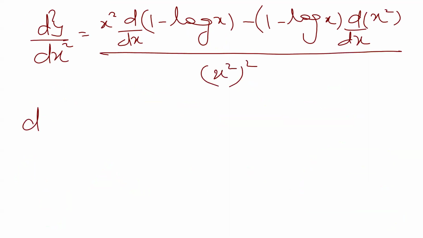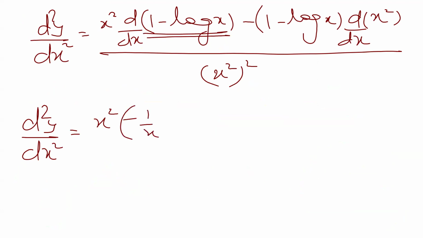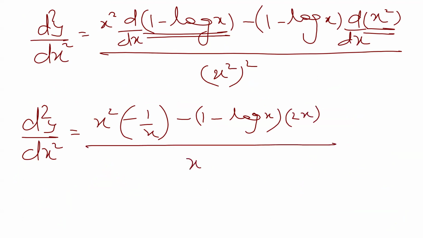So d square y by dx square is equal to x square times the derivative of 1 minus log x, that is 0 minus 1 upon x. The derivative of 1 is 0, minus 1 upon x. So the answer is minus 1 upon x. But put a bracket: minus 1 minus log x, times the derivative of x square, which is 2x, upon x raised to 4.